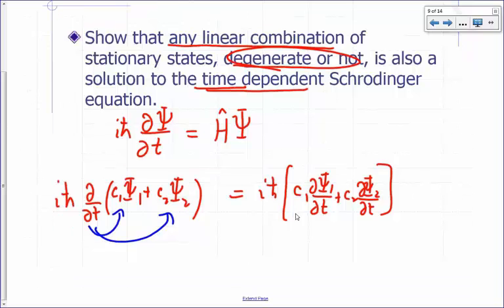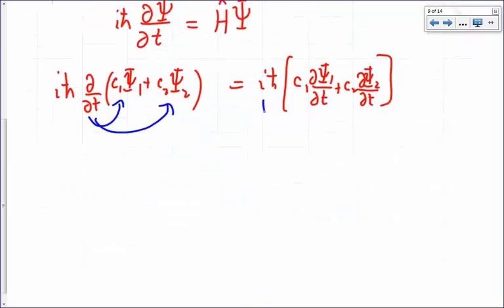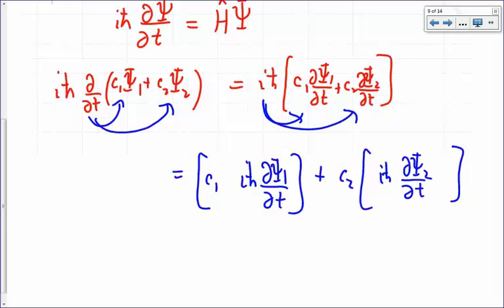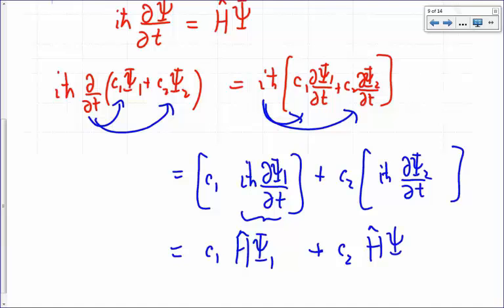And I'm going to go ahead and multiply the constant there. So this is going to be C1 i h bar derivative of psi 1 with respect to time plus C2 i h bar derivative of psi 2 with respect to time. But what is this? This is just C1 H hat psi 1 plus C2 H hat psi 2.